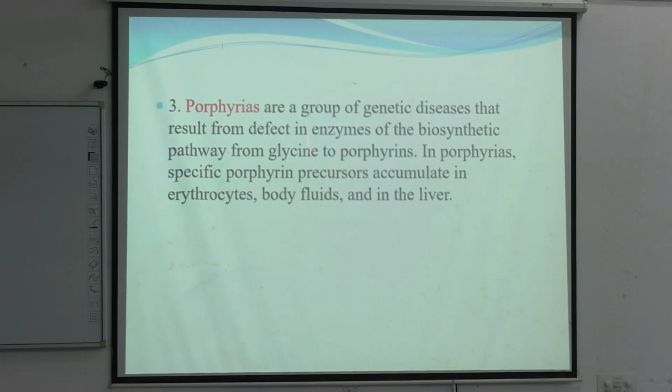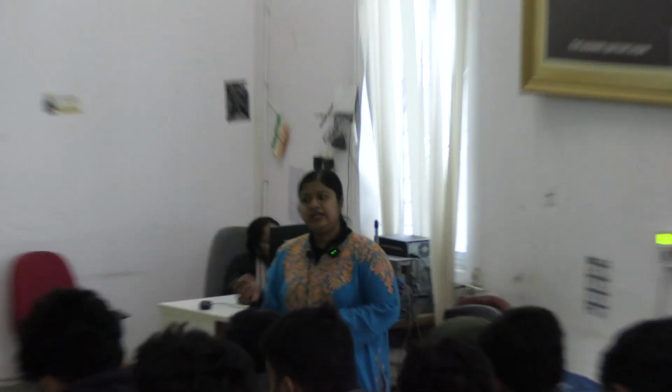Now, just this part is related to porphyria in today's class. It is a group of genetic diseases that result from defects in various enzymes of the biosynthesis pathway from glycine to porphyrin. Okay, so in every pathway there are different enzymes.